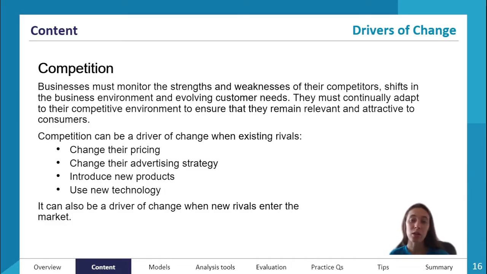And they need to do this so they can continually adapt to the competitive environment. Otherwise, they may not remain relevant and attractive to consumers. If things are changing, opinions are changing, other things are trending in society, then failing to monitor is going to result in the business falling behind.